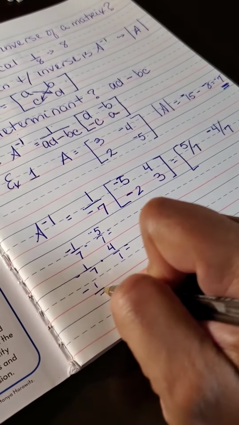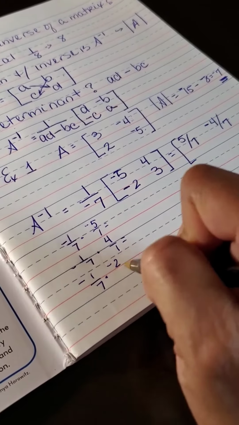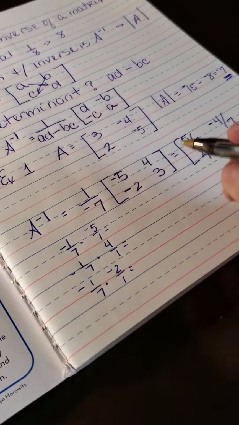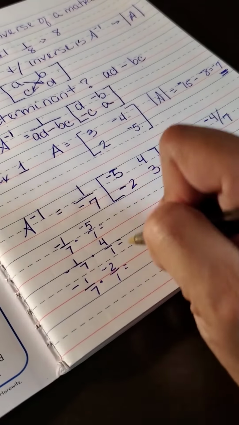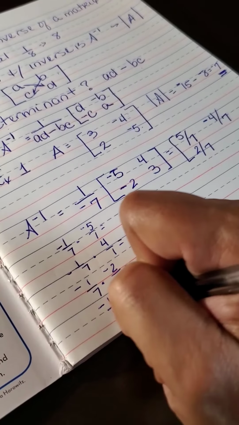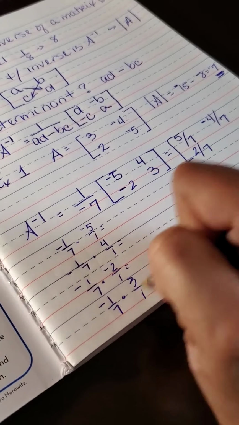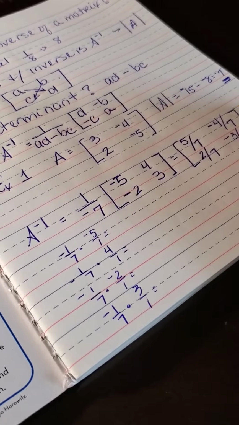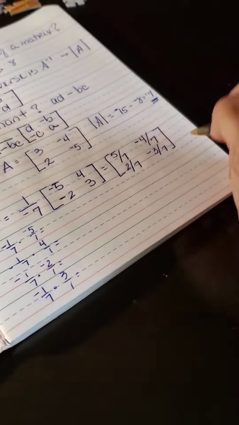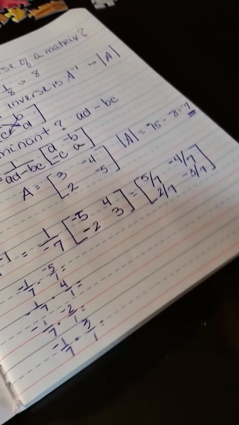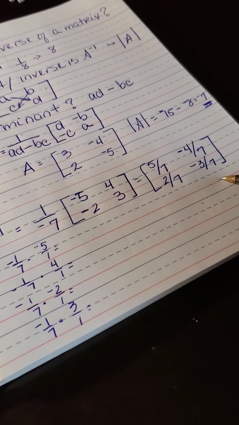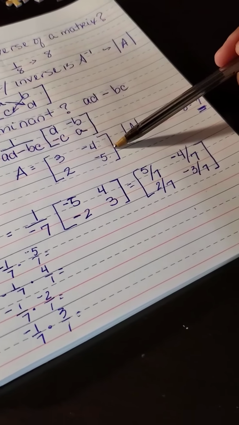Negative 1/7 times negative 2 is going to be a positive 2/7. And negative 1/7 times 3 is negative 3/7. Okay? So we can stop there and say, okay, this is the inverse of this matrix.